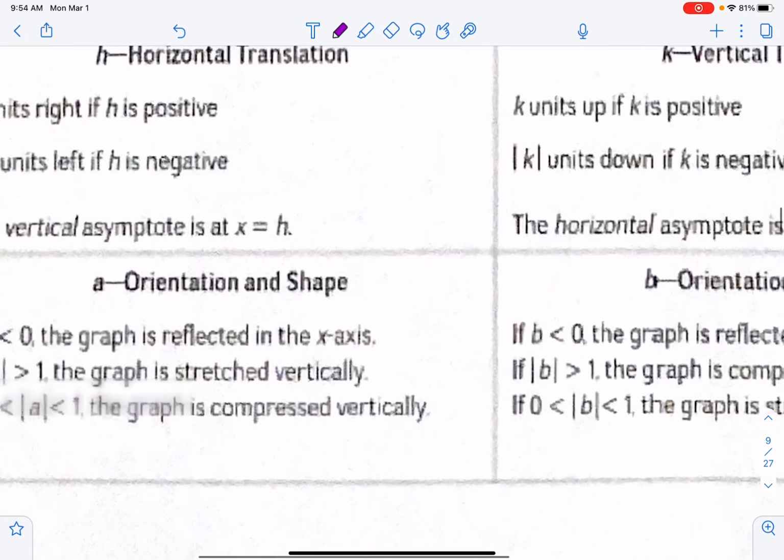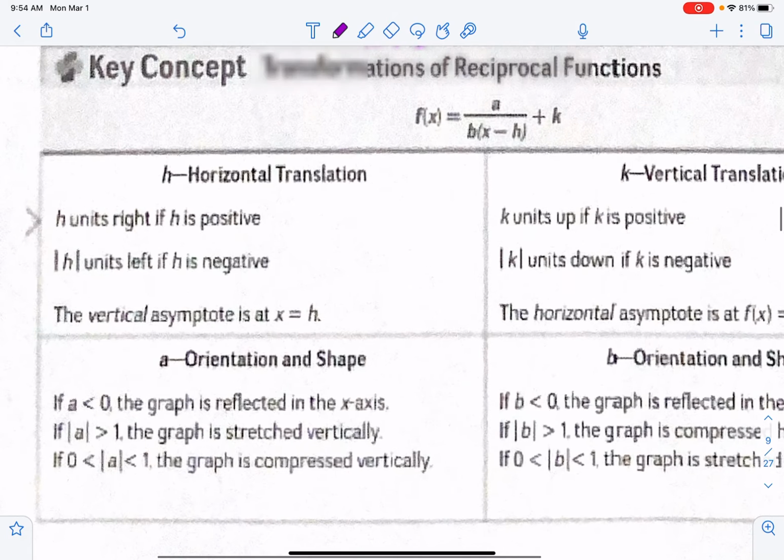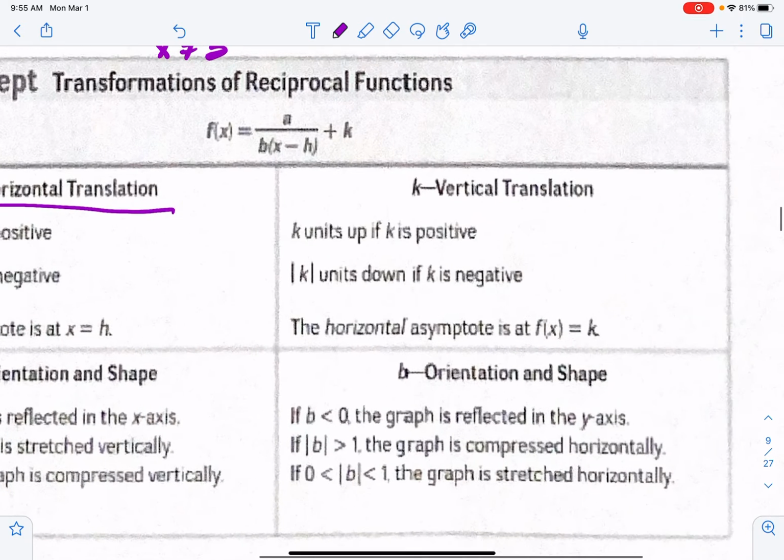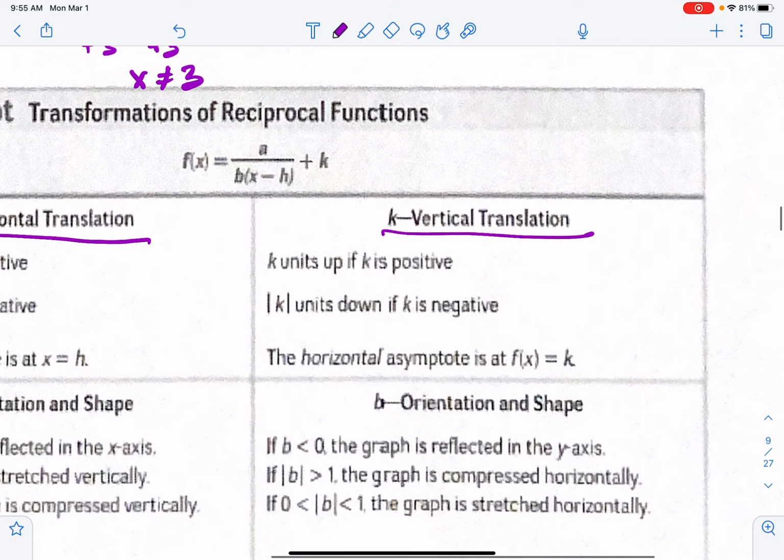Now we go down here and it starts talking about the horizontal translation and the vertical translation, okay? And that goes up to what I just got done talking to you about. I'm going to give you another example. Let's do x minus 3 plus 5. This minus 3 goes back to when we had that transformation grid, that big grid that has all of those lines on it.